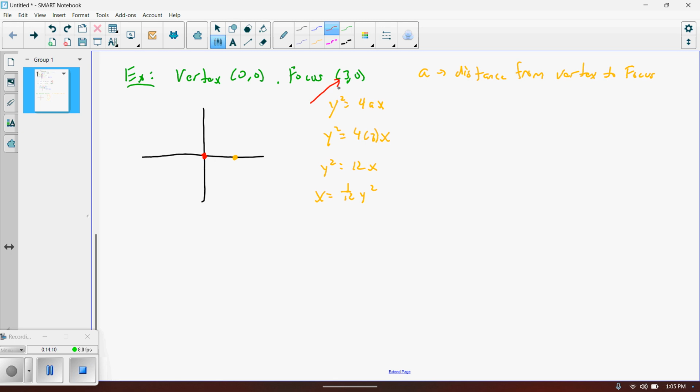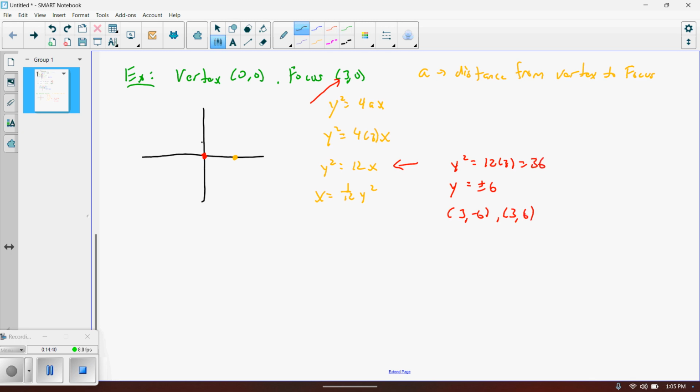So when x is 3, we'll plug in, using this equation, which will make it much easier. 3 for x, so we get y squared equals 12 times 3, or 36. That means that y, taking the square root on both sides, is going to equal positive or negative 6. So that gives us 2 points. We now have the points (3, -6) and (3, 6) that we can sketch on our graph.